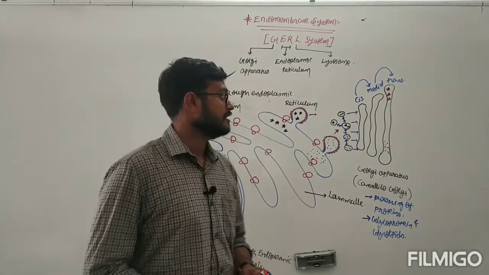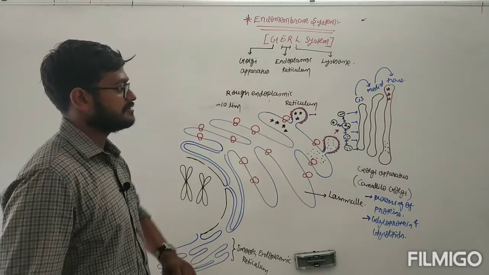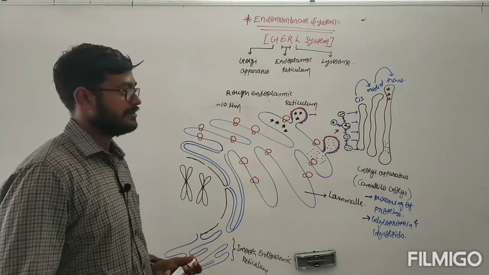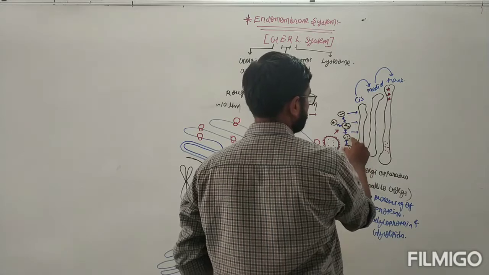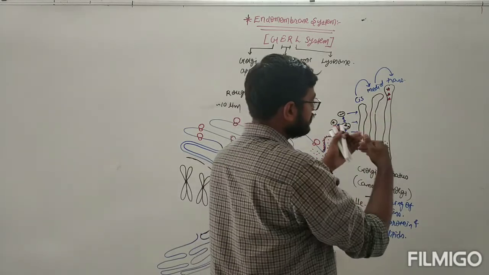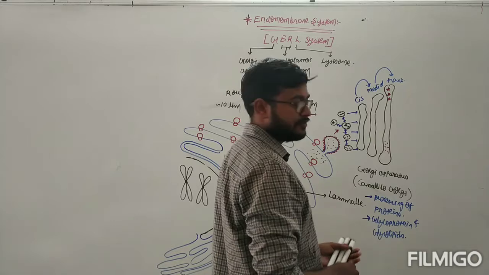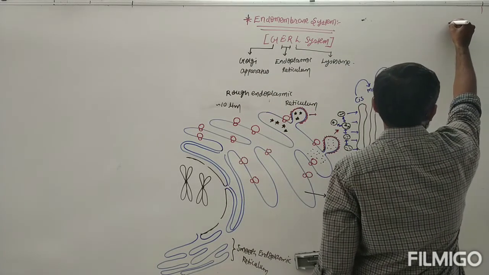Okay, so dear student, let's come back over here. We were discussing this part of the Golgi apparatus. The vesicles which are being formed fuse with the cis, medial and the trans, and they move forward for the process of processing. Let's take an example.